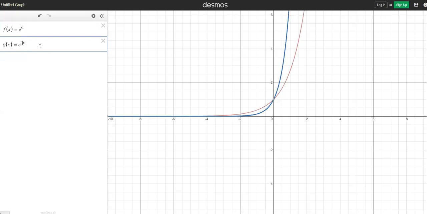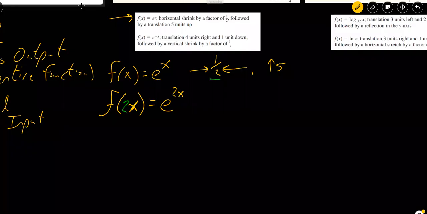And notice when I put that 2 on, everything gets shrunk horizontally. Everything to the right gets moved back towards the left, back towards center. Everything on the left gets moved back towards the right, back towards center. So any value on the red function gets basically cut in half to become the blue function. So that's my horizontal shrink.